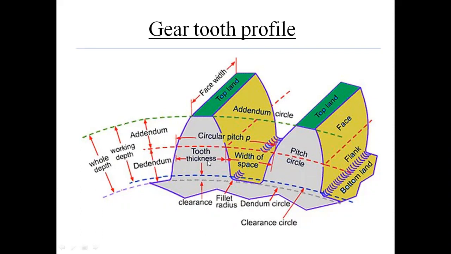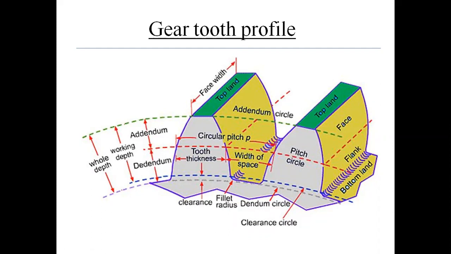If you see from different angles, this gray shaded area you can see in the front view of the gear. This yellow shaded portion of the gear you can see in the side view, and this green shaded area you can see from the top view of the gear.